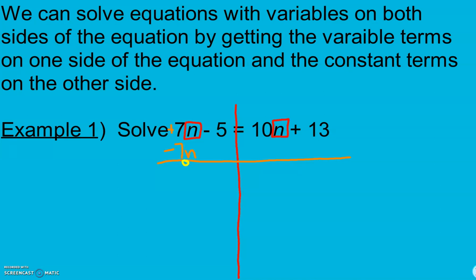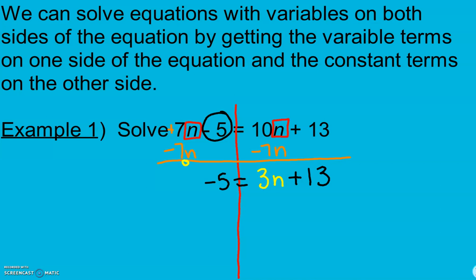If I change one side of my equation, I have got to change both. So since I subtracted 7n on my left side, I have to do that on my right side as well. I did not change my constant terms. I still have a negative 5 and a positive 13. But as far as my n's go, 10 n's minus 7 n's means I only have 3 n's left.